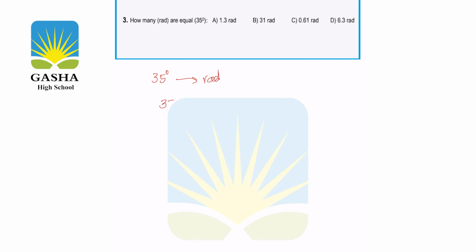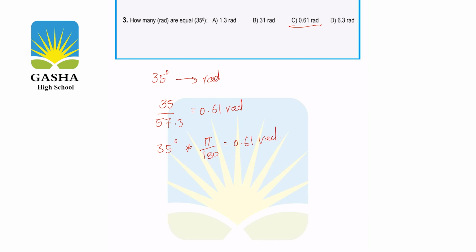You can either divide it by 57.3, and that will be equal to 0.61 rad, which is C. Or you can multiply 35 degrees by pi over 180 degrees, and that will again be equal to 0.61 rad.